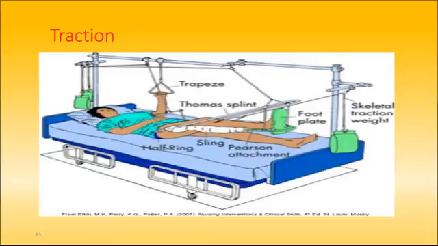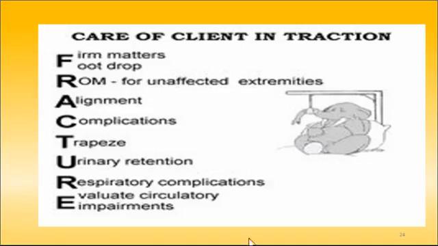I like this slide. This and the next one are really good slides on mnemonics for care of the client in traction using fracture: firm mattress, and foot drop, a board for them to push their foot against so they don't develop foot drop.